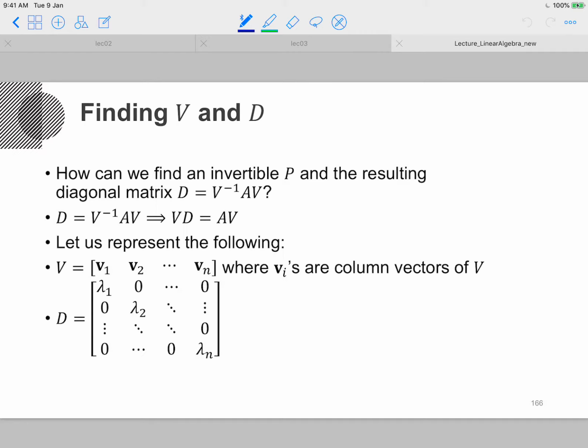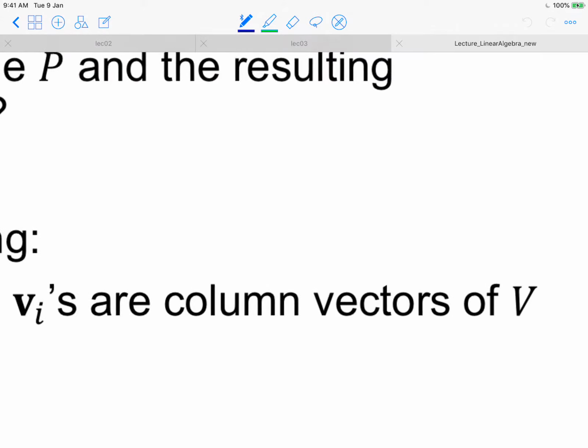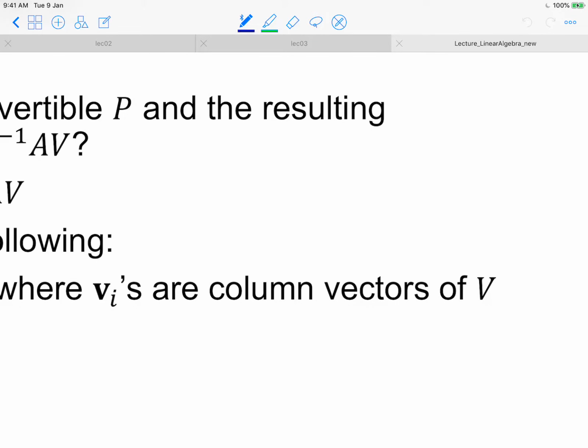Let's construct this A times V, where V is some matrix whose columns are the eigenvectors that we found.